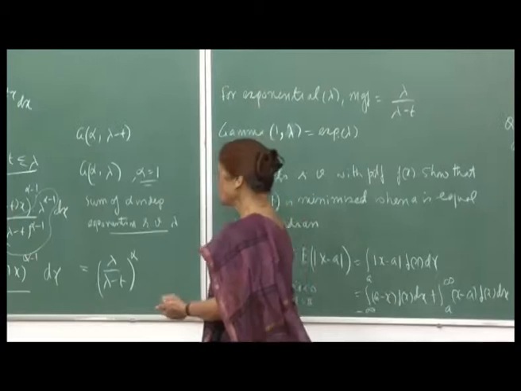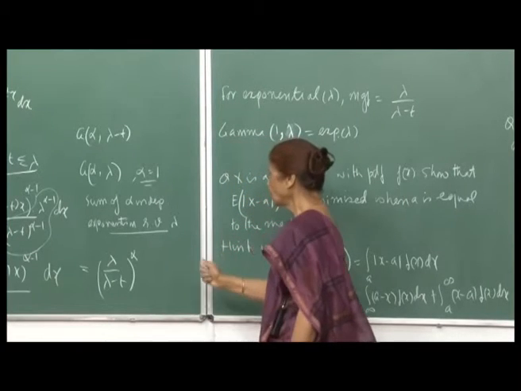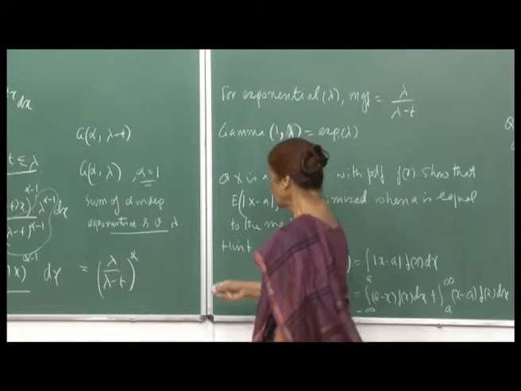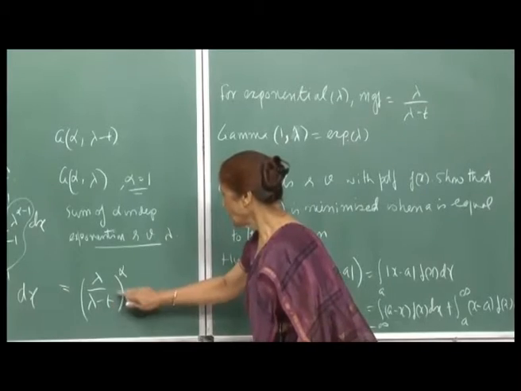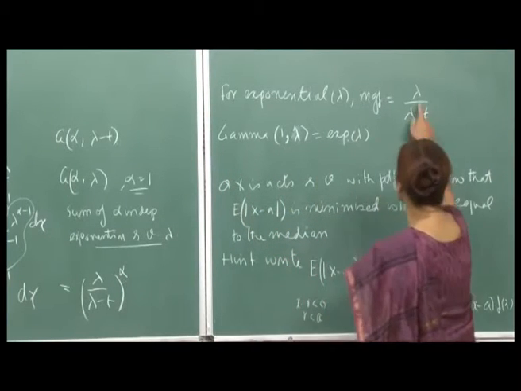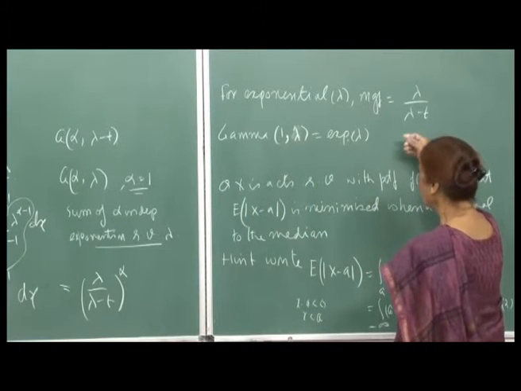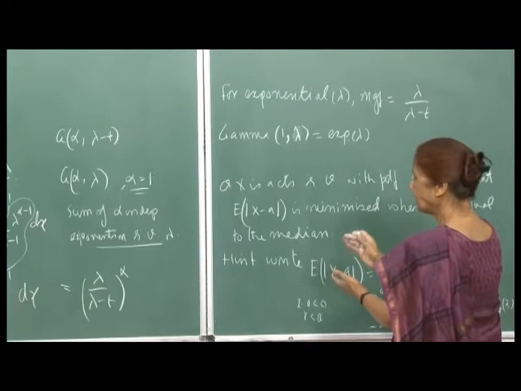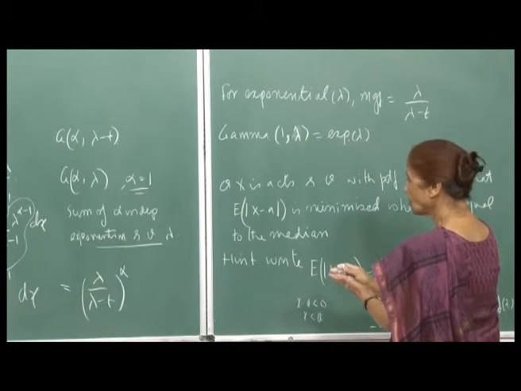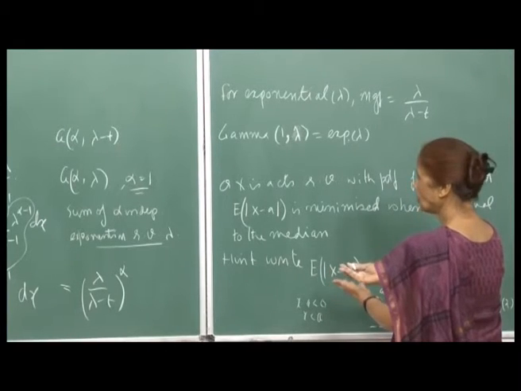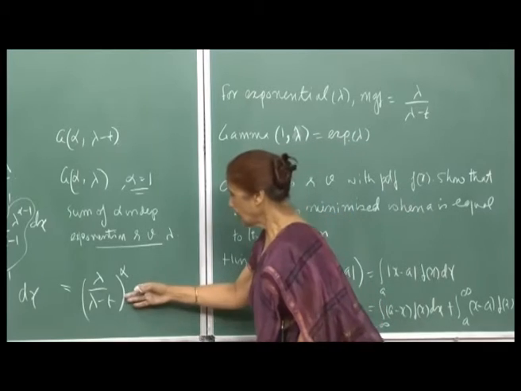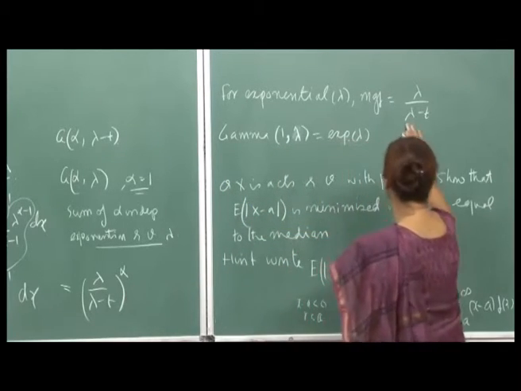And therefore, you will be able to show these kinds of things with the help of MGFs, because this is lambda upon lambda minus t raised to alpha. If alpha of them are added and they are independent, then the MGF of the sum of these alpha independent exponential random variables will be the MGF of a gamma distribution, because the MGF of this sum is the product, alpha times this.